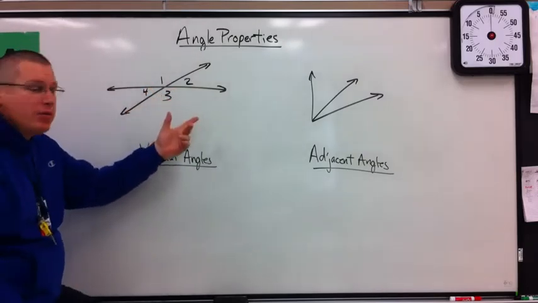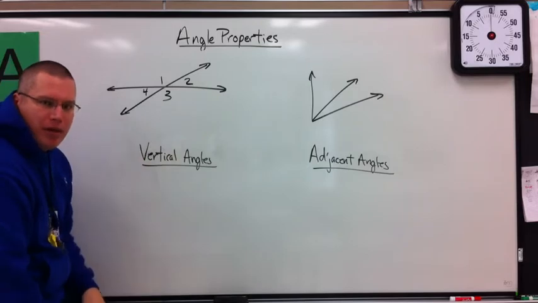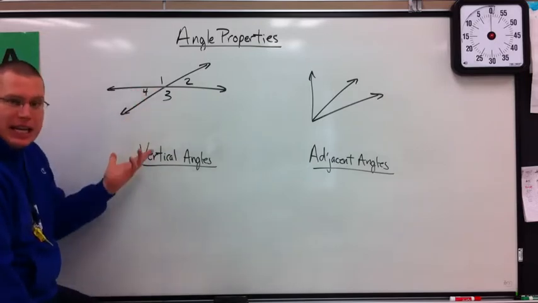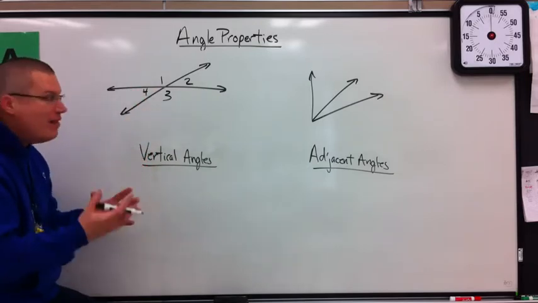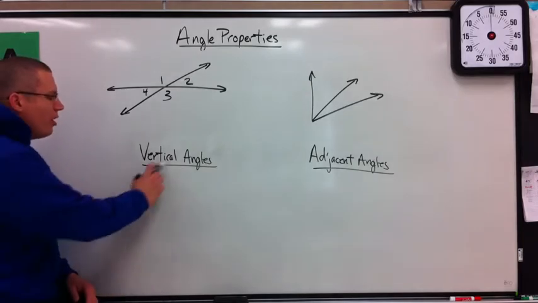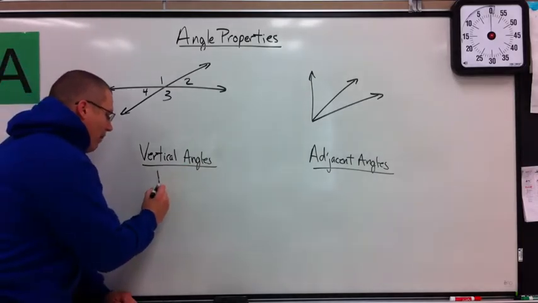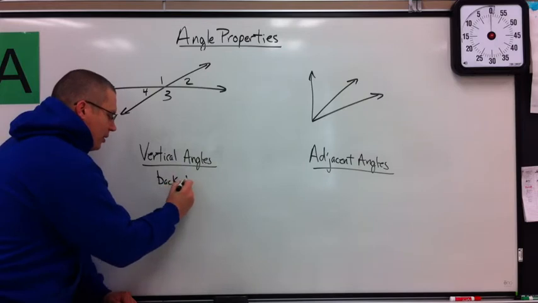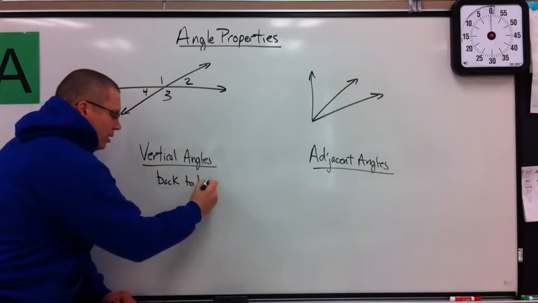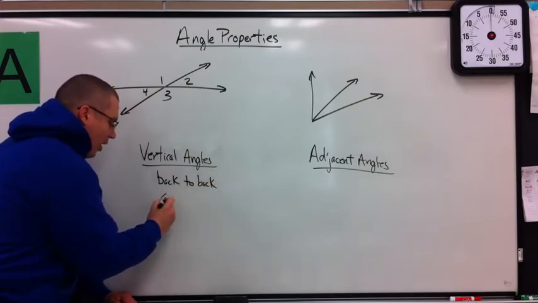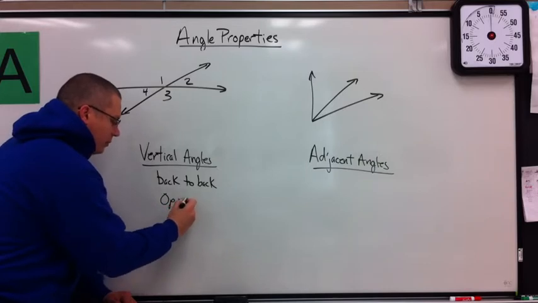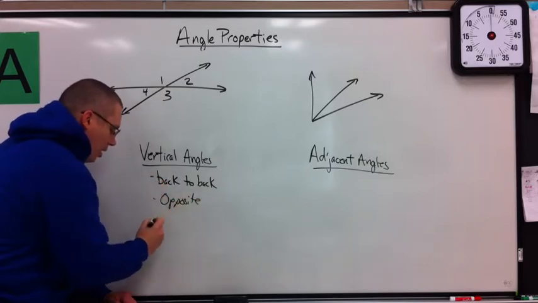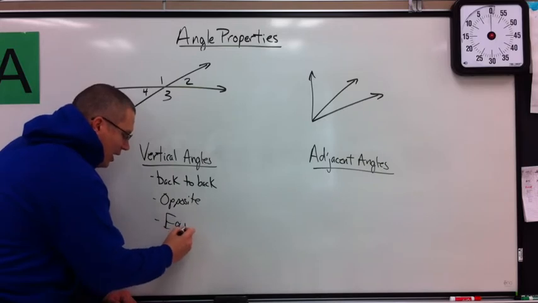Why did I number them this way? Just because I needed something to put there. I could have put A, B, C, D, something to represent a number even though I don't know it. Now what vertical angles mean, they are back to back. Sometimes we say they're opposite of each other. The biggest thing we have to understand is that they're equal.